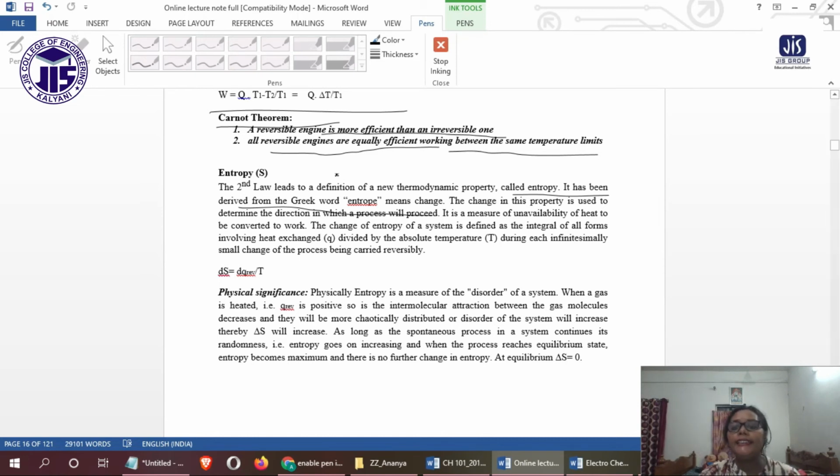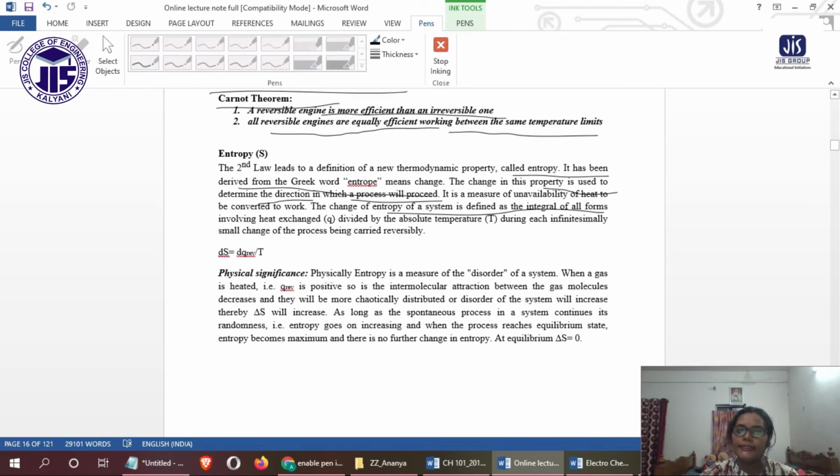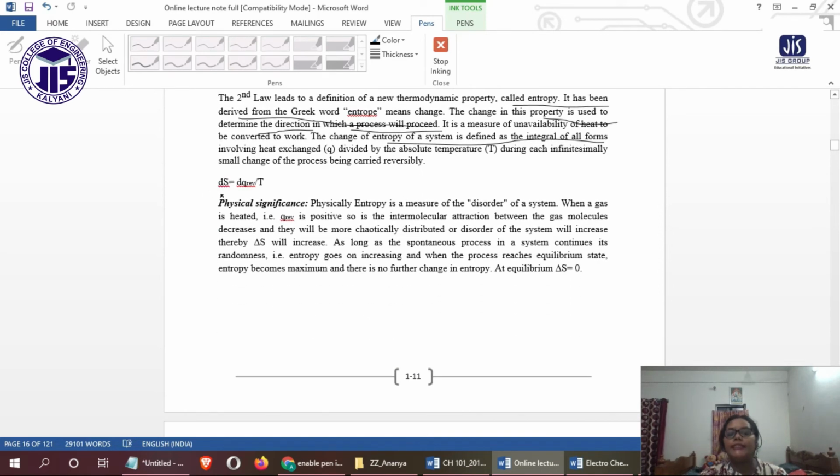The change in this property is used to determine the direction in which a process will proceed. The change of entropy of a system is defined as the integral of all forms involving heat exchange, that is dS equals dQ reversible by T.